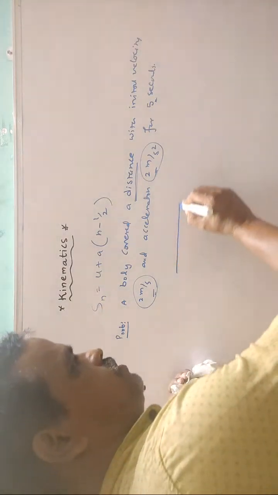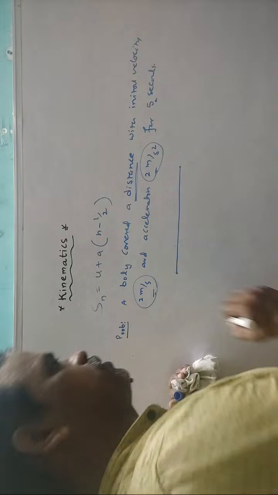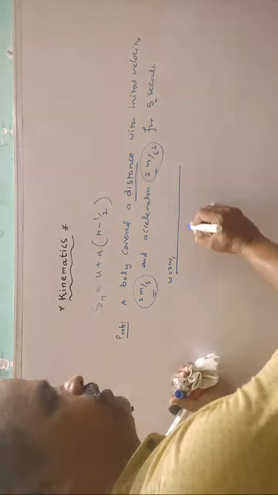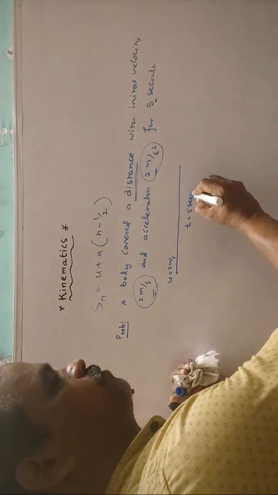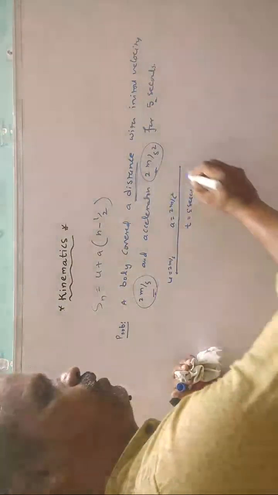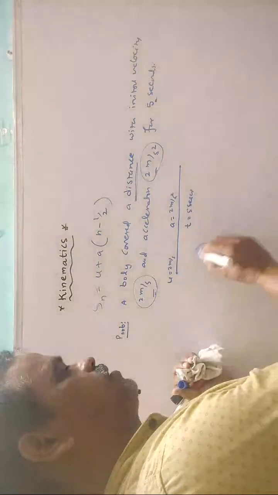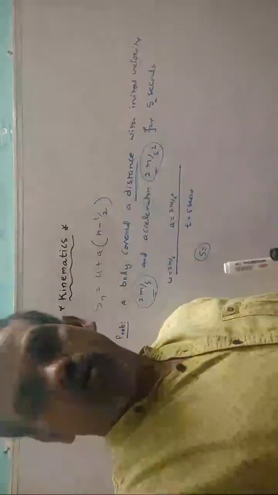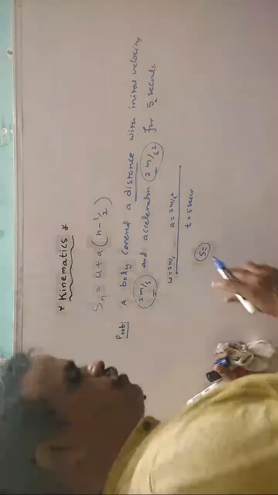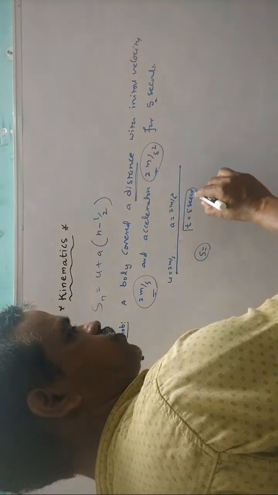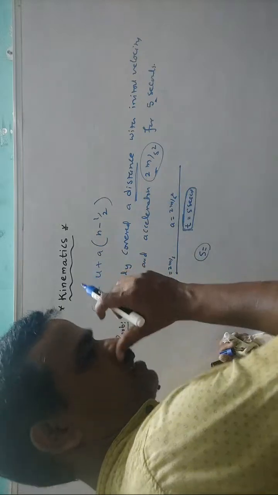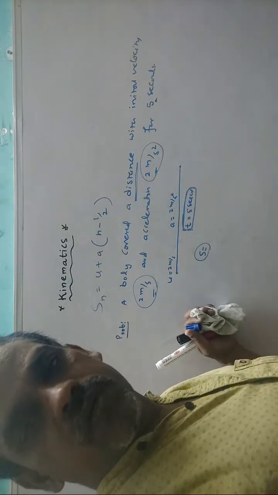This is the picture, this is the path. It started with u equal to 2 meter per second and traveled for 5 seconds with acceleration 2 meter per second square. How much displacement did it cover in 5 seconds? We are taking the total journey, and the total time taken by the body is 5 seconds.